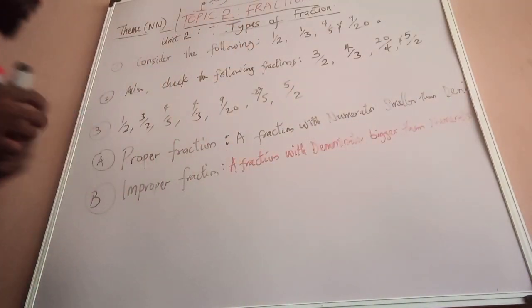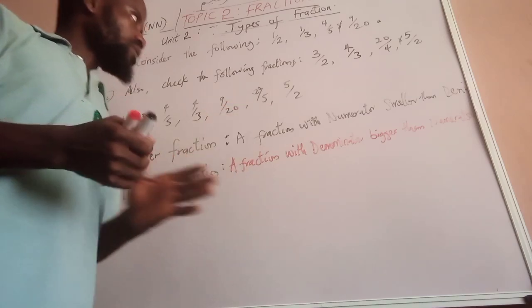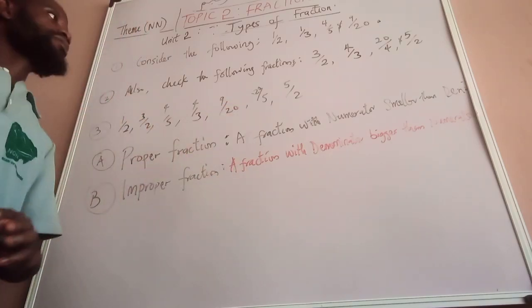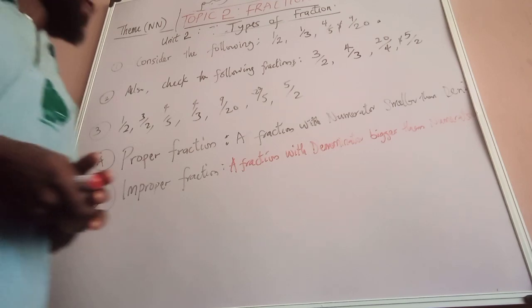So what we just use to compare them is: which one is bigger, the numerator? If you have the numerator to be bigger, that is an improper fraction.